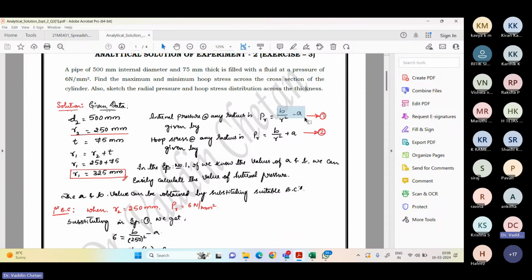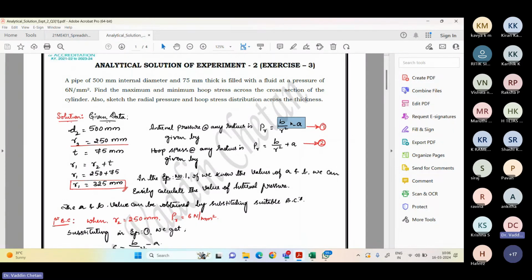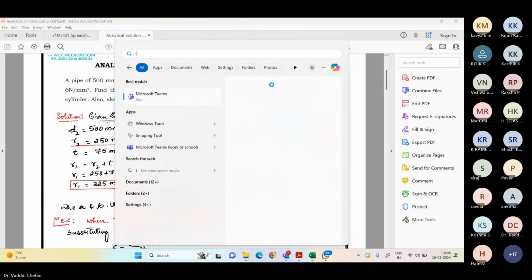Those two values can be obtained by applying suitable boundary conditions. So, what are those boundary conditions? The boundary conditions he has given in the problem: a pipe of 500 internal diameter and 75 thick.